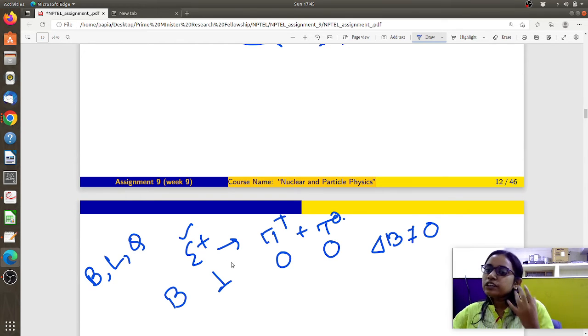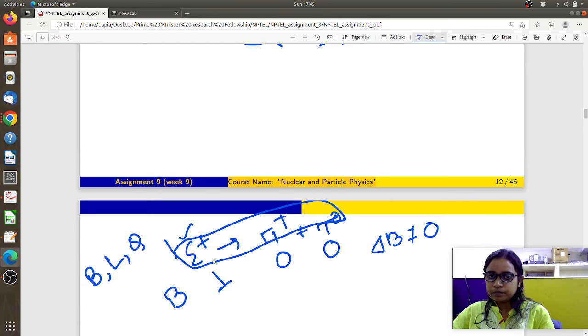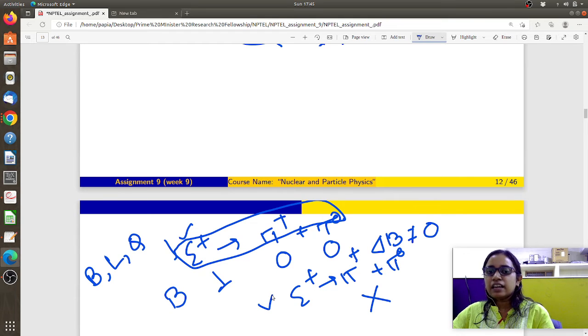So we don't need to see anything else in that expression. We can already tell confidently that this expression is not allowed. Sigma plus goes to pi plus pi 0 is not allowed because it does not conserve baryon number.